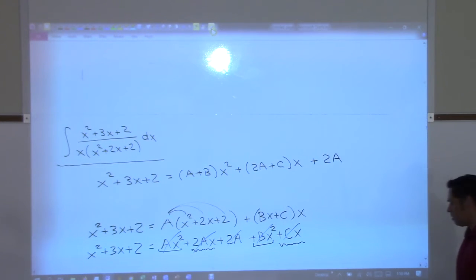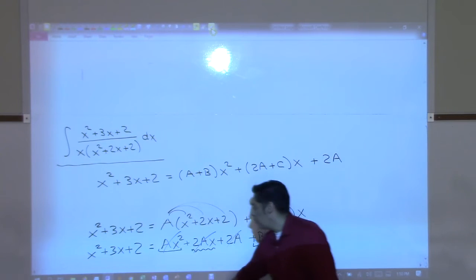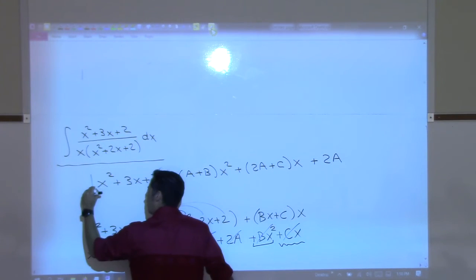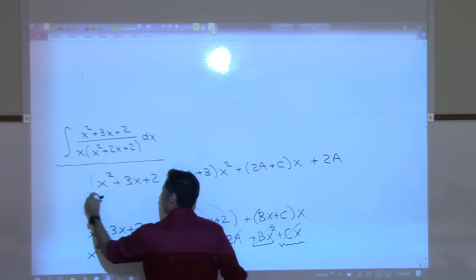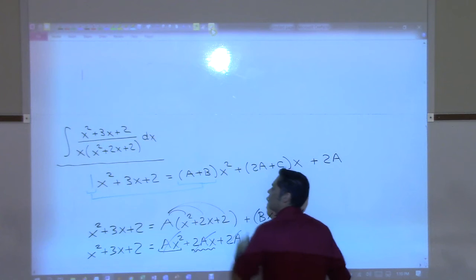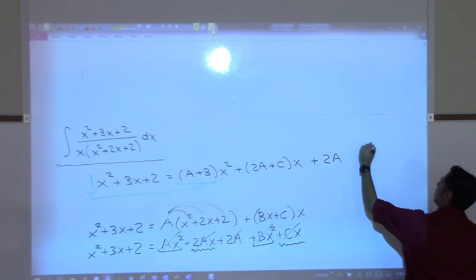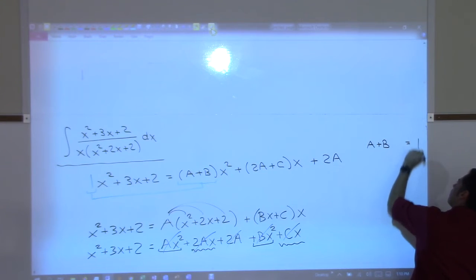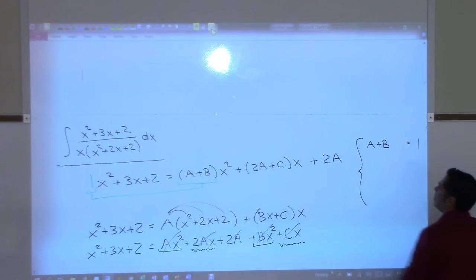Now's the matching of the coefficients. So I'm going to look at the coefficient in front of x squared over here, which is 1. I need that to match up with the coefficient on x squared here. So a plus b has to be 1. And we do a system of equations, right?